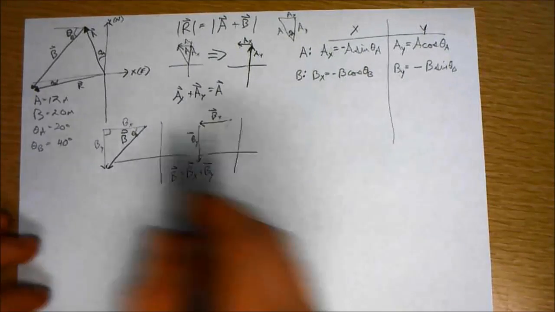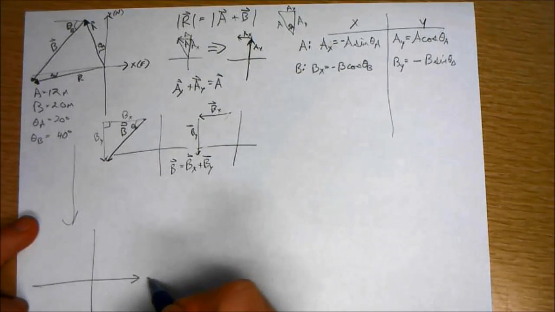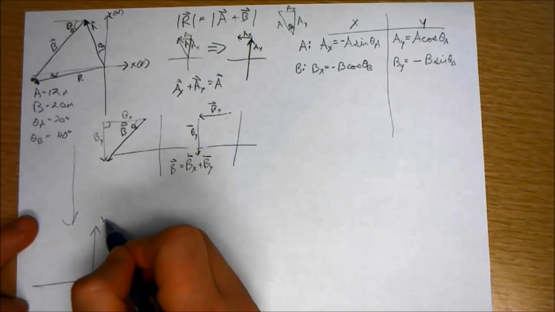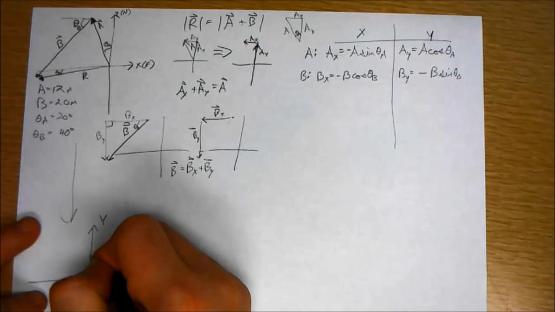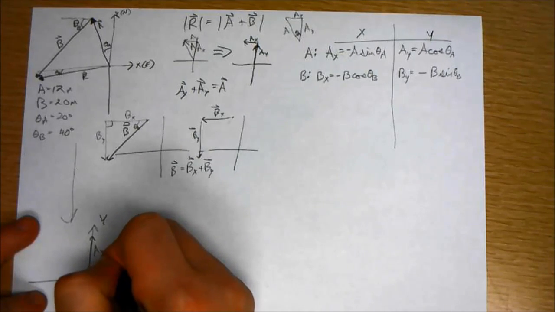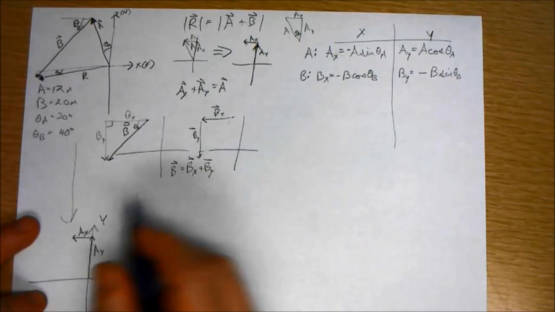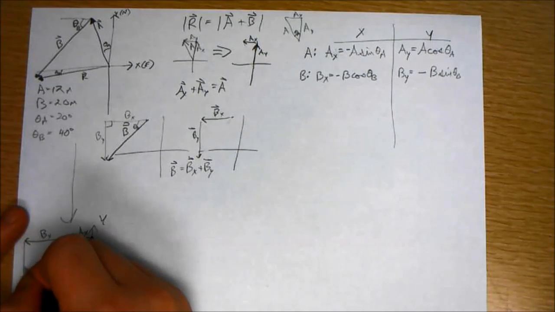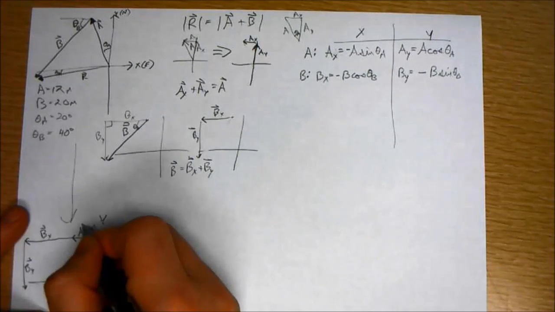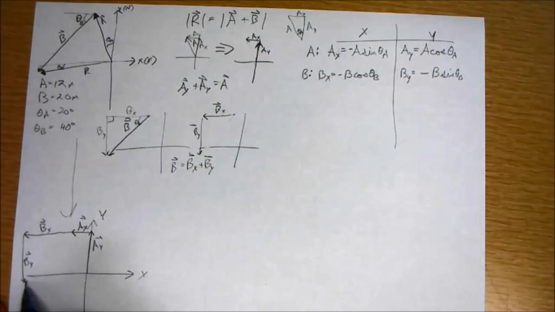Once I have these components, if I show this graphically, I'm taking this situation and turning it into AY, AX, BX, BY. But if you notice, you end up in the same position.